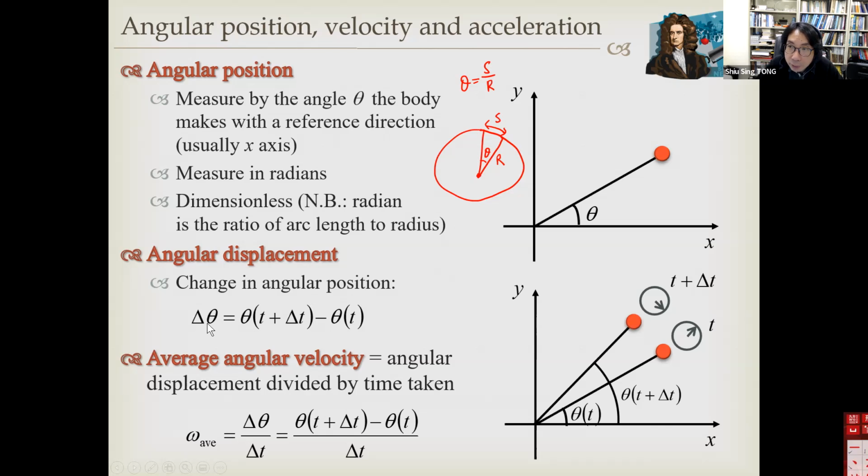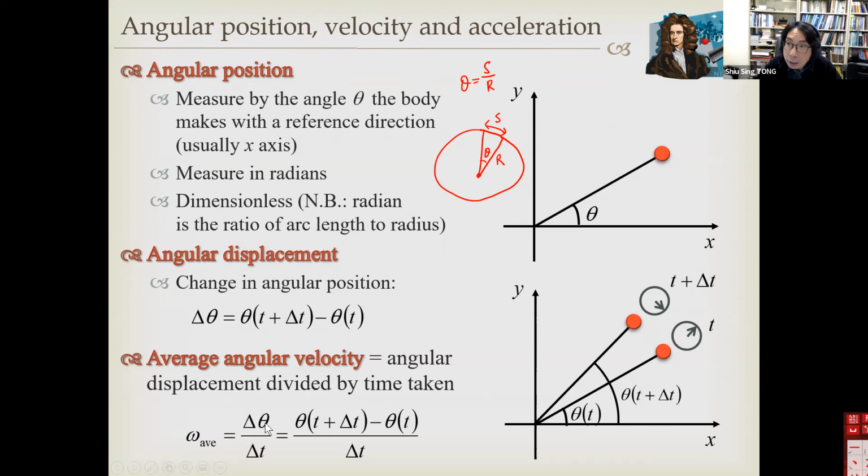Now we are concerned with the angular change in position. So delta theta is the position of the object at time t plus delta t minus the position of the object at time t. So that is again an angle. We are not measuring the change in the actual length now. We are measuring the change in angle, which is called the angular displacement. Okay.